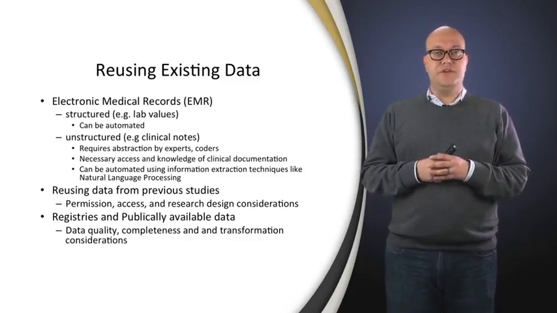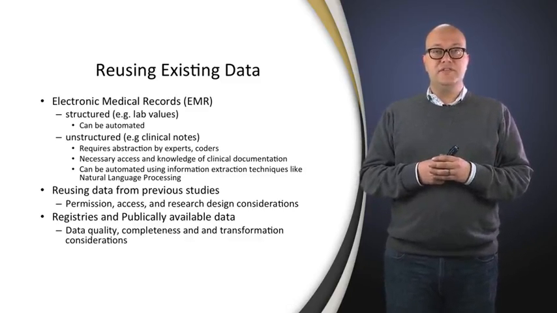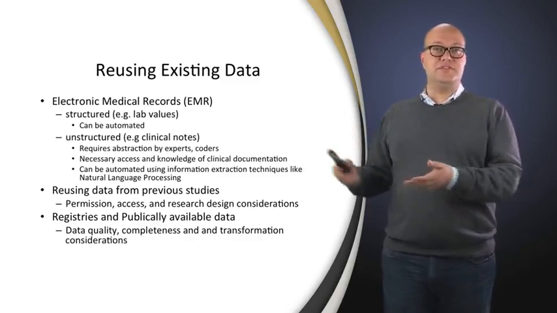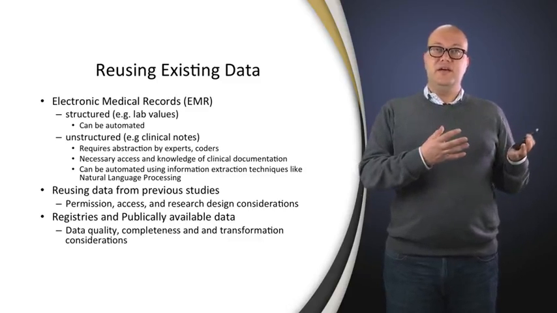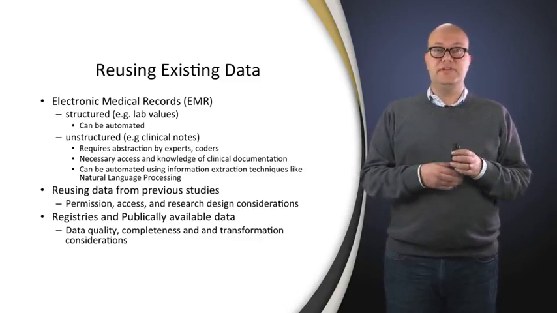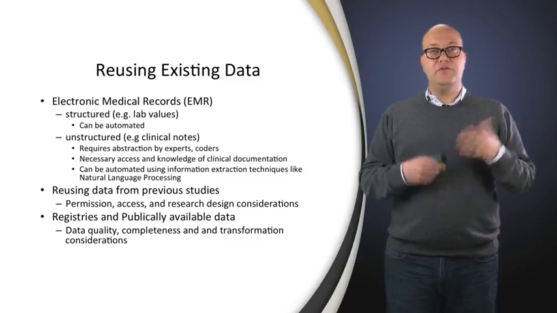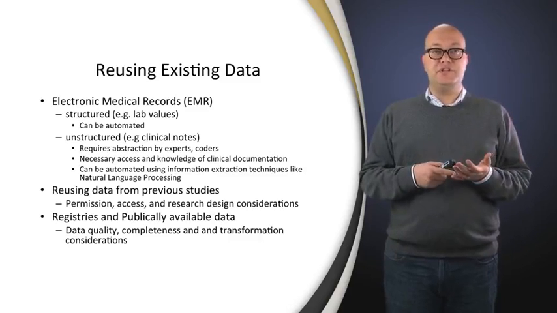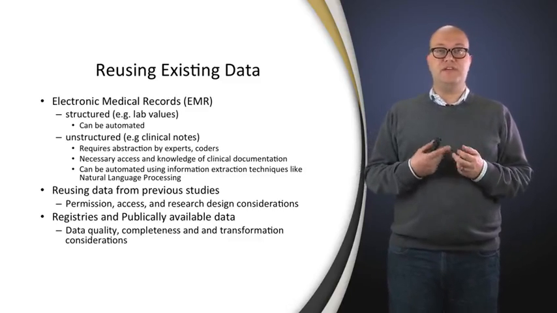Another source of information that can be reused for clinical research is data from previous studies. In that case the data has been collected and exists in well-maintained study databases, or hopefully well-maintained databases. The considerations you will need to have before reusing that data are whether you have permission, whether you can have access, and how you can have access to that data.